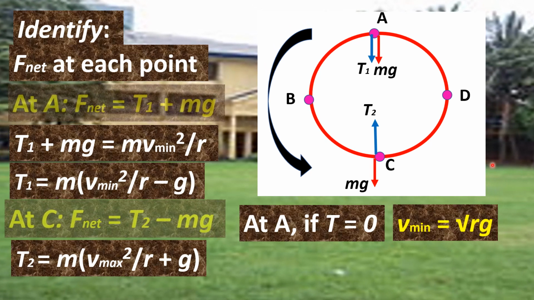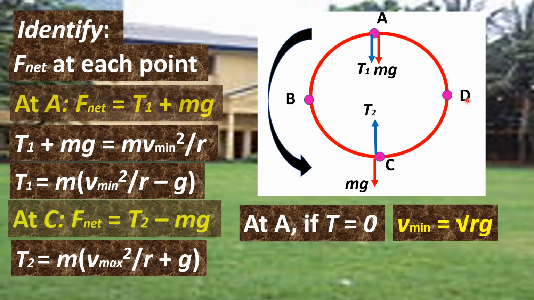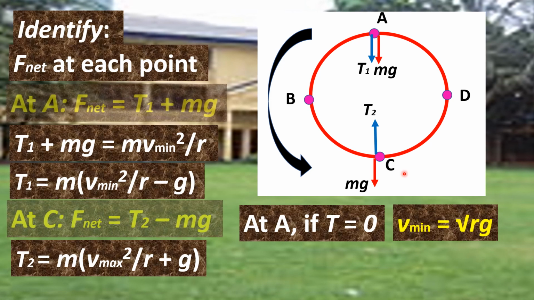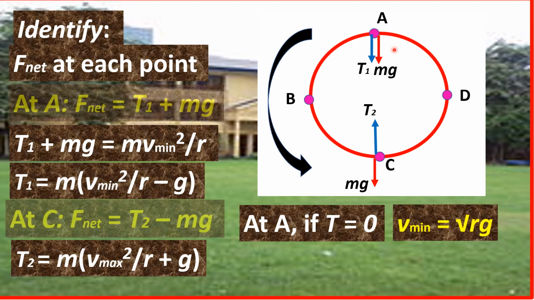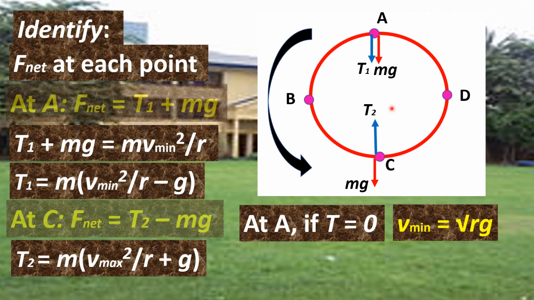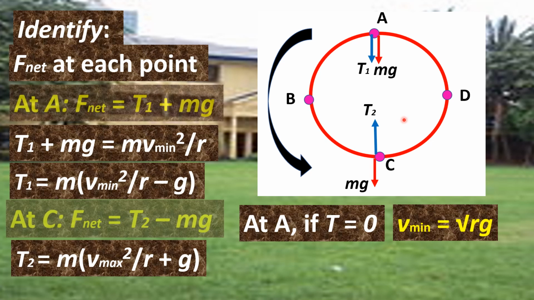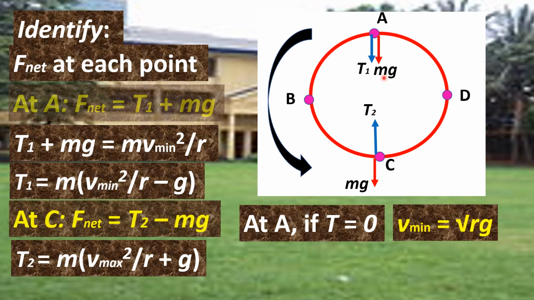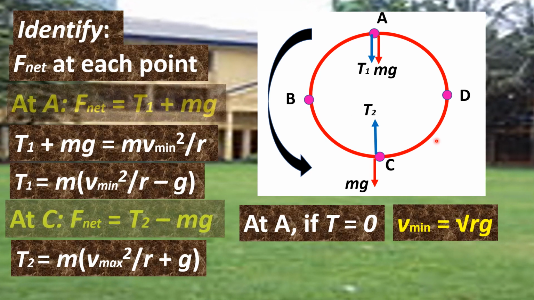In short, if the net force is just the force of gravity, and there is no centripetal force that will cause the body to accelerate towards the center of the circle, then how will it be able to make a perfect circular motion?